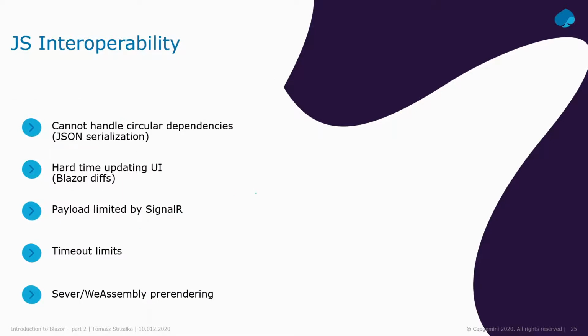Of course, JavaScript interoperability comes with a price, so we cannot handle circular dependencies. For example, serializing trees is impossible, so it is not possible to pass that kind of data to JavaScript, for the simple reason that we cannot serialize that kind of structure because of the circular dependencies inside it.